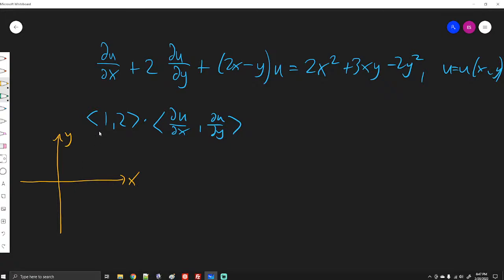So this has a rise of 2 and a run of 1, so it's going to look like this. So this here is 2 and this here is 1. So the slope of this vector is going to be m equals 2 over 1.